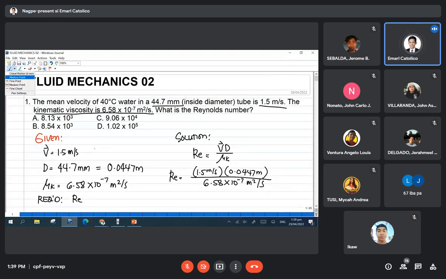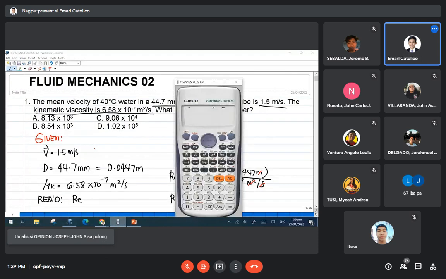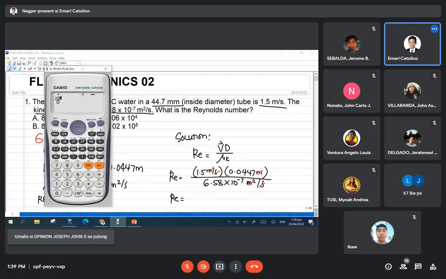So Reynolds number, unitless dapat yan. Okay? So meters squared per second. So therefore, ating Reynolds number ay 1.5 times 0.0447 over 6.58 times 10 raised to negative 7.